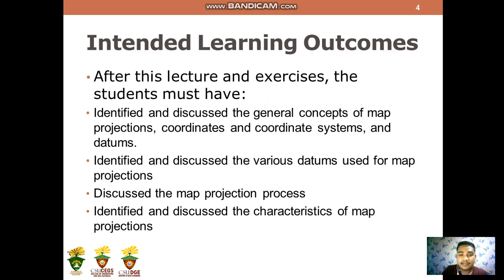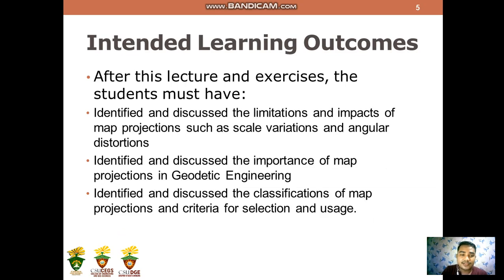And this will be the intended learning outcomes. After this lecture and exercises, you, the student, must have identified and discussed the general concepts of map projections, coordinates and coordinate systems, and datums. Next is to identify and discuss the various datums used for map projections, discuss the map projection process, identify and discuss the characteristics of map projections.